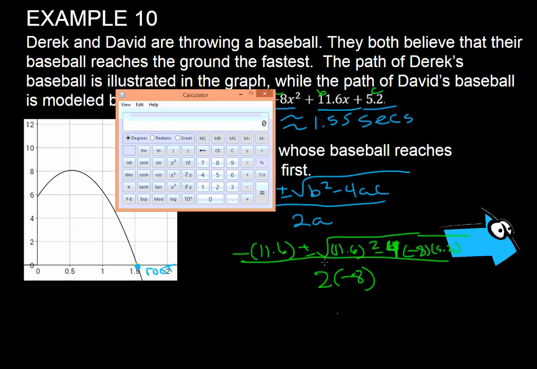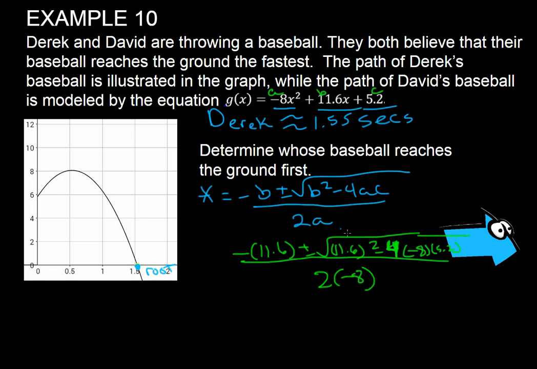So let's get our calculator out. We're going to do 11.6 squared. So that's 134.56. Let's keep track of that. And then we do 4 times 8 times 5.2. If we look, this negative and that negative are going to cancel, so they'll both be positive. So we're going to be adding.